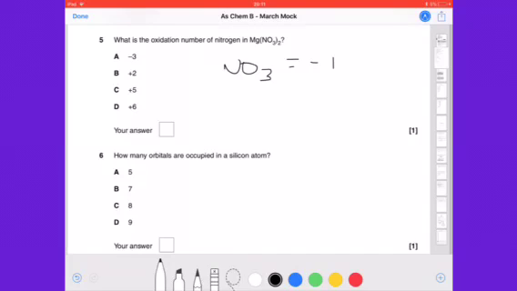And basically what you have to do now is do a little bit of rearranging. We want to know nitrogen, so let's say nitrogen is X, plus we have 3 lots of oxygen. The oxidation state of oxygen is -2, and that equals -1 as the answer. If you rearrange that equation, that shows that X is +5, and therefore C is the answer.